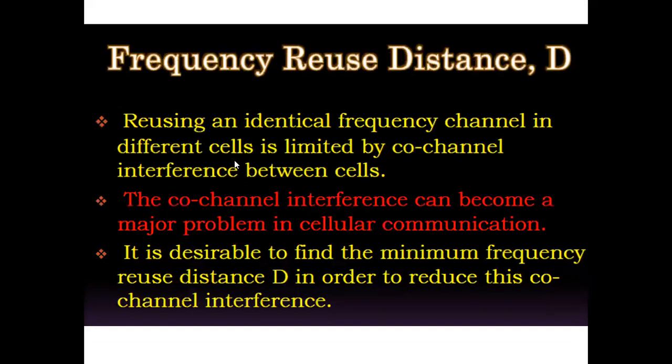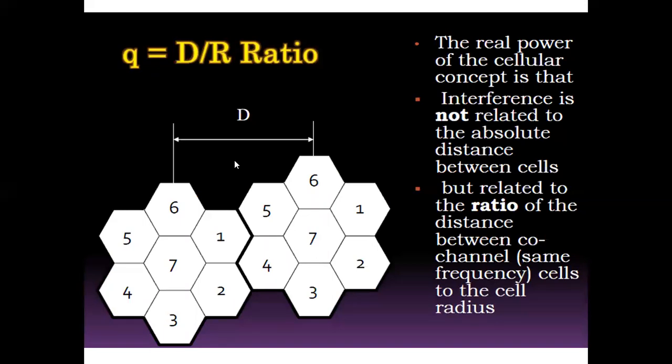Next, you can see this is Q is equal to D by R. These are the cells: 1 2 3 4 5 6 7, there are 7 cells in one geographic area, and again these same cells 1 to 7 are used in another geographical area. So 7 and 7 will become co-channel, 1 and 1 co-channel, 2 and 2, 3 3, 4 4, 5 5, 6 6; these are all co-channels in different areas.